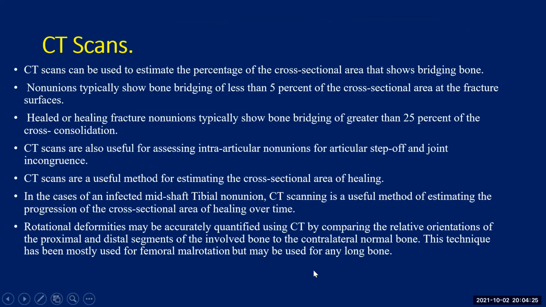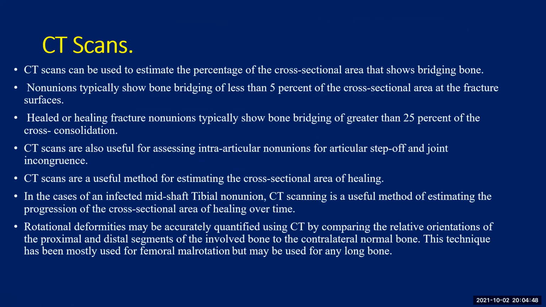Now coming on to the role of CT scan. CT scan can be used to estimate the percentage of cross-sectional area that shows bridging. Non-union shows bridging of less than 5% of the cross-sectional area. Healed or healing fractures show up to 25% of cross-sectional consolidation. CT scans are useful in assessing intra-articular non-union for step-off and joint incongruency.